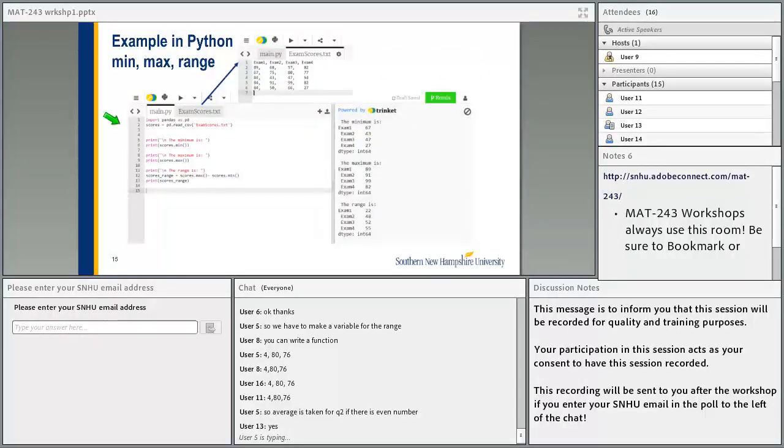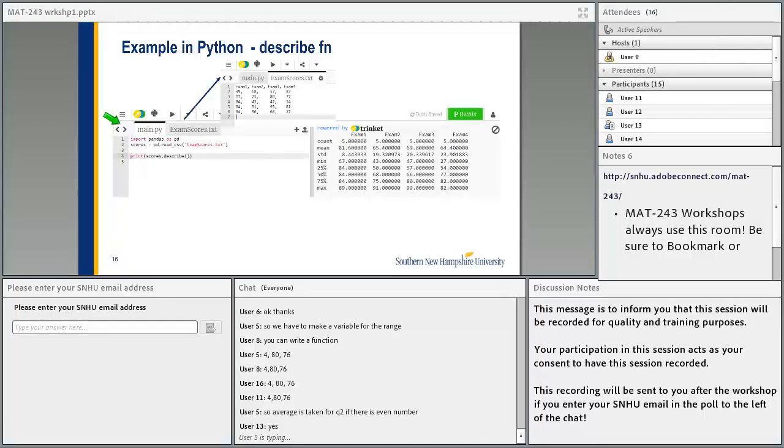So here's the screenshot. This is for the minimum, maximum, and range. And then this is for the describe function. If you see the output on the right, it gives us a lot of information. It tells you how many values are there in each column.